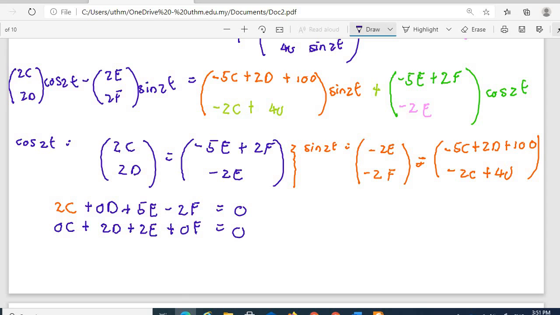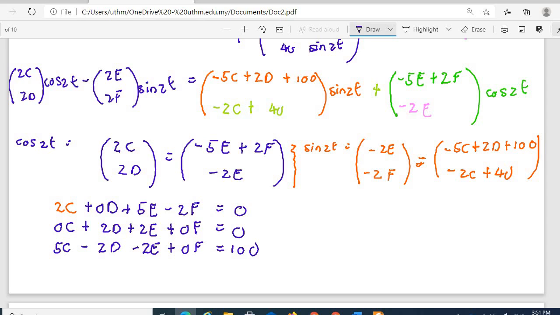Okay, the third equation from sin 2t. Negative 5c plus 2d, I bring to the left side, so it becomes positive 5c minus 2d, minus 2e, don't have f, so 0f, equals 100.